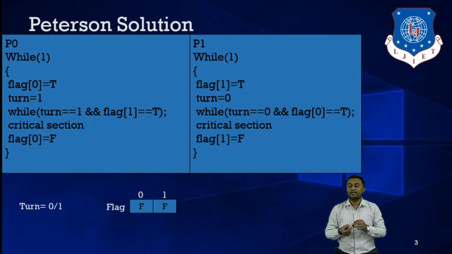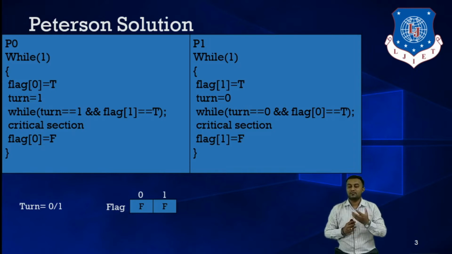So definitely the expected value would be true or false. By default, initially we have set the flag value of these two processes to false. So we have used one Boolean variable and one Boolean array to satisfy the criteria expected for the critical section problem.